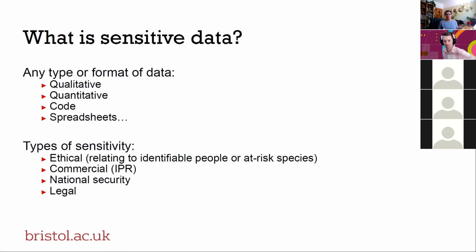But you could also have things like commercial sensitivities, so around intellectual property. There could be issues of national security or legal considerations if you're, for example, working with collaborative partners and there are issues around data ownership. So these are other things that you need to bear in mind. And there are lots of different teams at the university that can support you if those are issues. And I'll touch on some of those later on. But as I said, for the most part, this workshop is going to focus on ethical sensitivities.